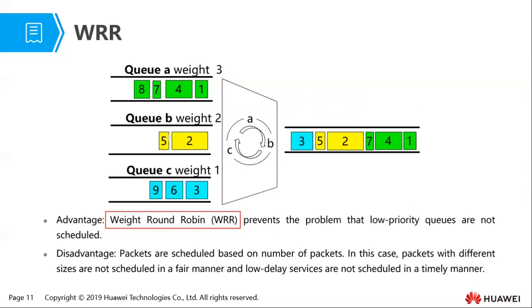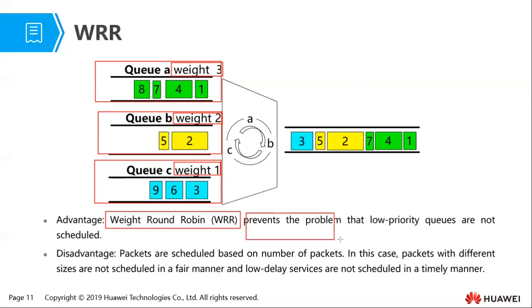Weighted round robin again implements different queues for different packets, but different from PQ, it implements a certain weight for each of the queues. So what this weight achieves is that it prevents the problem that low priority queues are not scheduled at all.